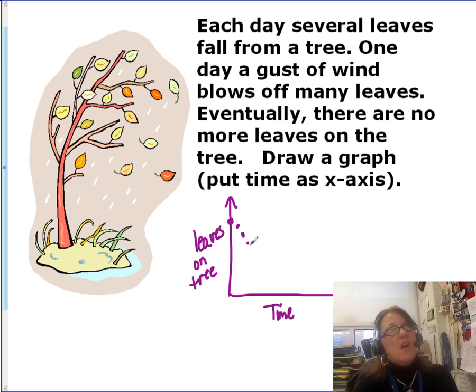But then on one day, it's super windy and it's gusty, so we're losing a whole lot of them. And then maybe it levels out a little bit, but eventually there's none left. So at some point we get to 0. So we start here, kind of have a few, and then it goes dramatically down and eventually nothing, okay? That's kind of a basic picture.